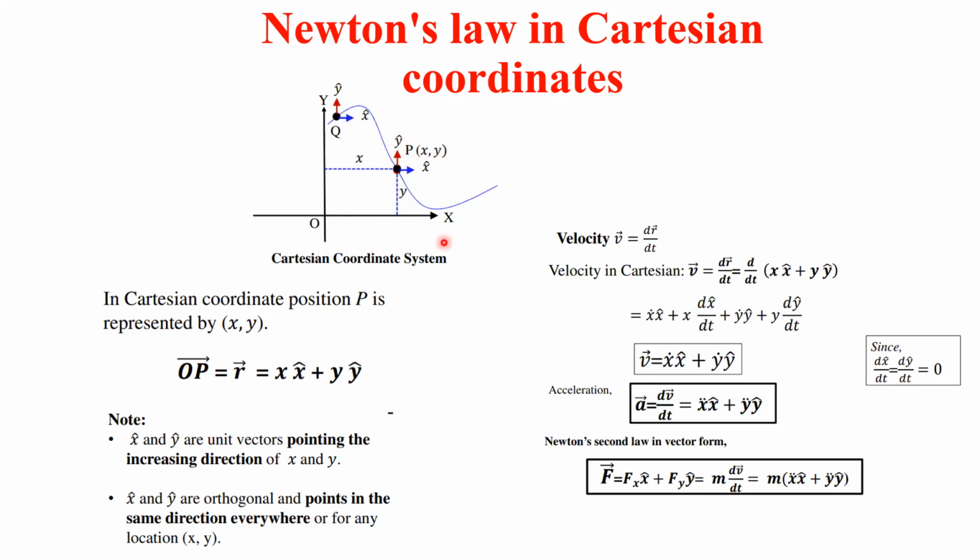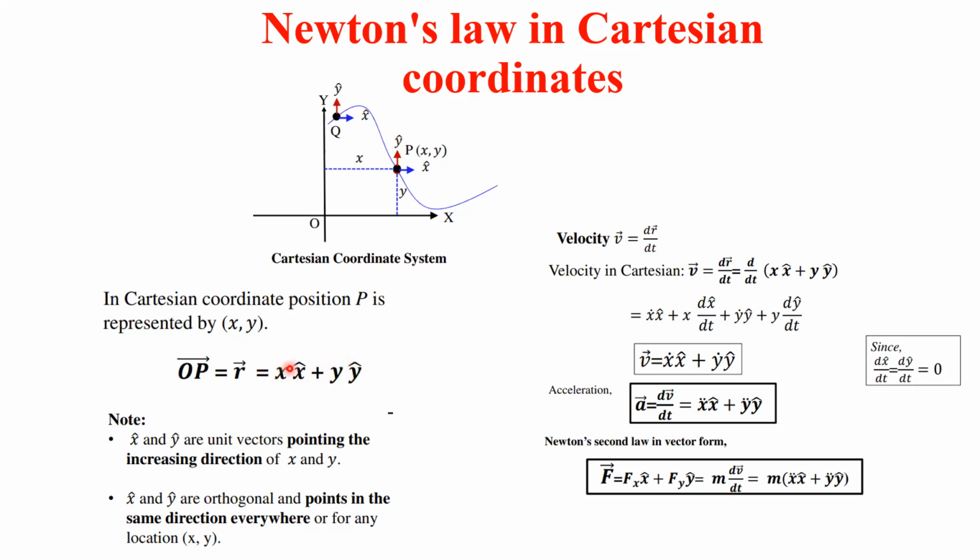Along the x direction I have a unit vector x cap, and along the y direction I have another unit vector y cap. So this is the complete Cartesian coordinate system. In the Cartesian system, the position of the particle is represented by x and y. Therefore we have the vector OP, the position vector of the particle at P, equal to r vector, which is x multiplied by x cap plus y multiplied by y cap.